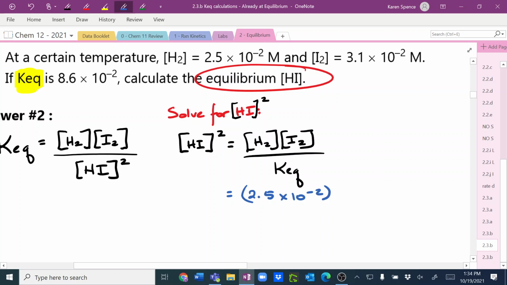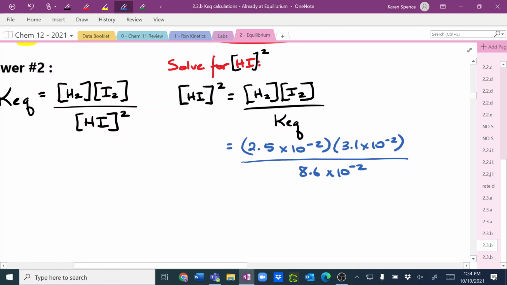And my I2 is 3.1 times 10 to the negative 2, also in round brackets, over my KEQ, which is 8.6 times 10 to the negative 2. And we get, oh yeah, no, we're squared, we're good. We're not done yet. We're still at HI squared, yes? Okay, we're good.